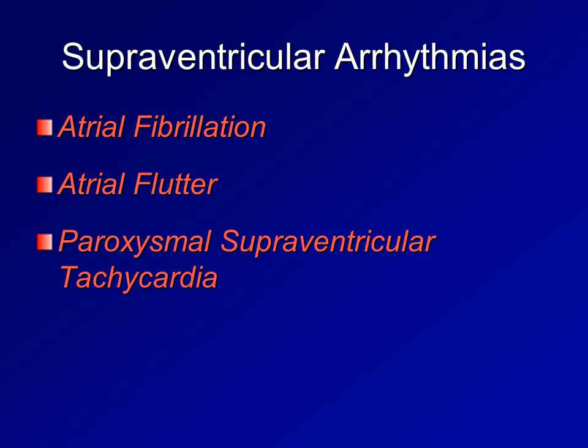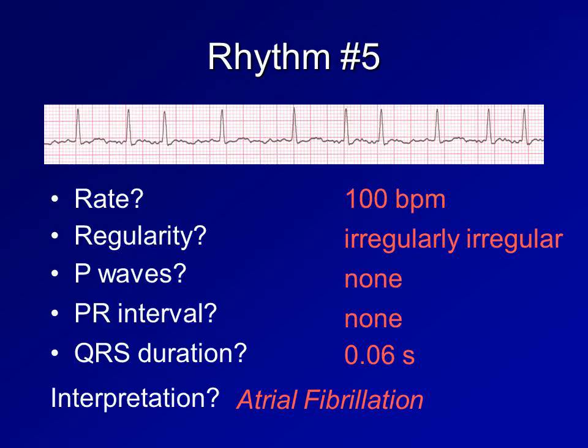Supraventricular arrhythmias: atrial fibrillation, atrial flutter, paroxysmal supraventricular tachycardia. Rhythm number 5: rate 100 bpm, regularity irregularly irregular, P waves none, PR interval none, QRS duration 0.06 s.